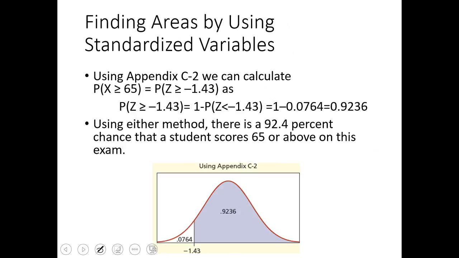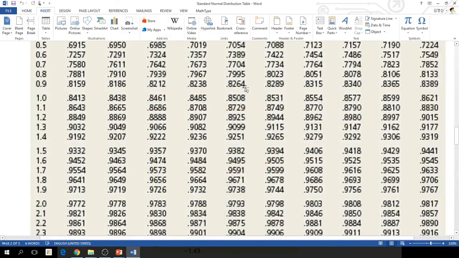Okay. If we use appendix C2, then we directly know this area, so the probability that z is greater than minus 1.43 is 1 minus the probability that z is less than minus 1.43, which is obtained from appendix C2.